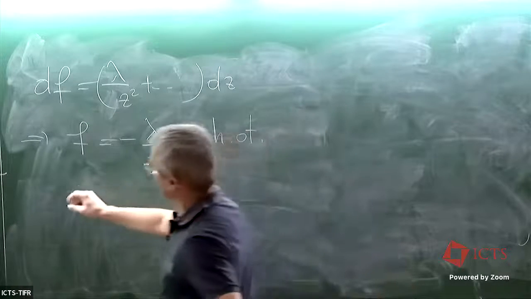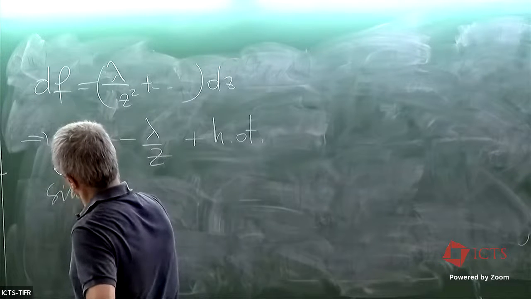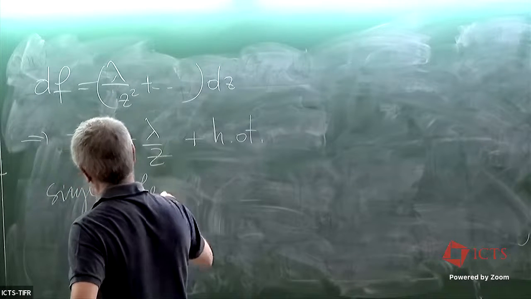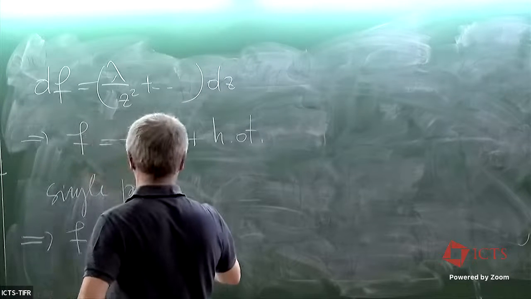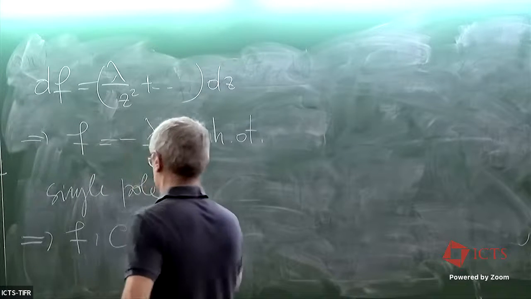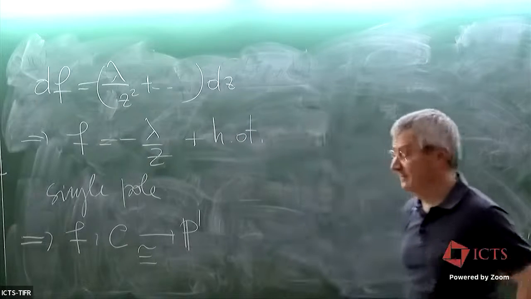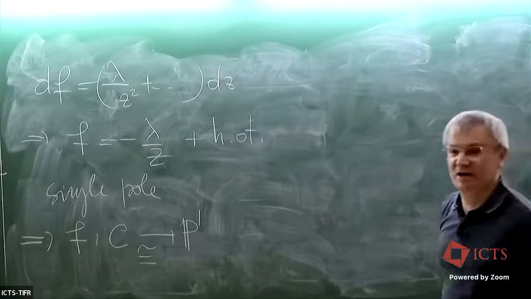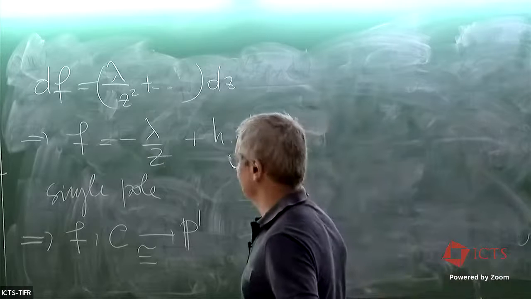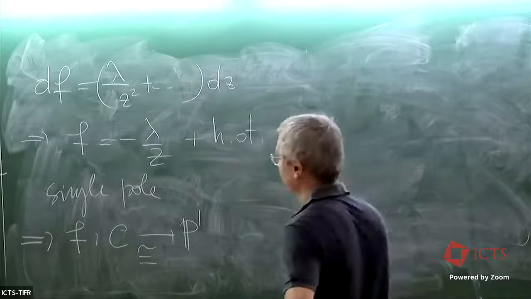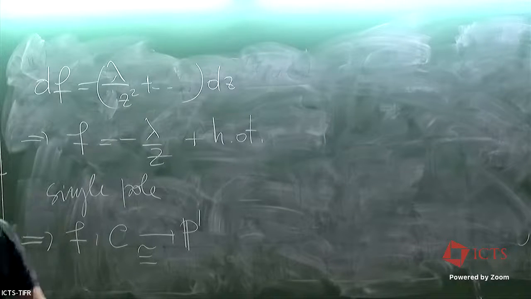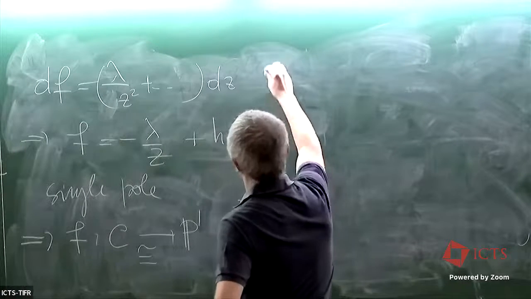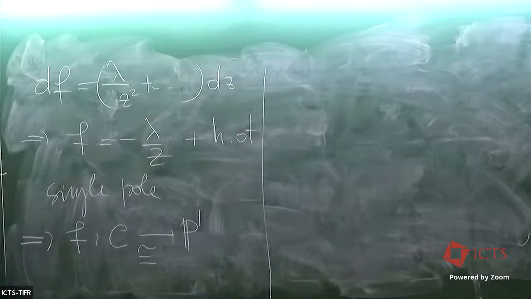But then f has a simple pole, and this implies that f is an isomorphism between C and P1. Since we are assuming genus at least 2, this is not the case, which means that this map is injective. Okay, so let's go back here.